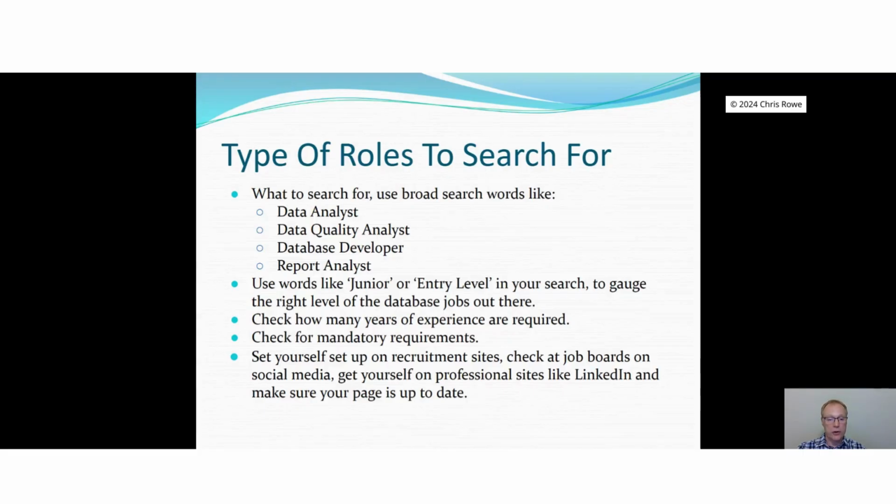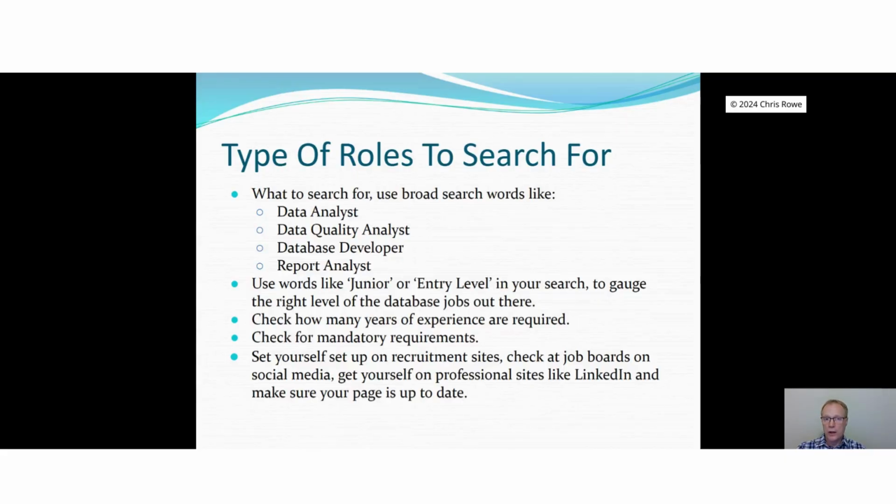Mandatory requirements could say things like SQL knowledge, basic understanding of SQL and Transact SQL, SQL programming, and you can sort of wing that with what you've covered on this course. So check those mandatory requirements, and if you clearly don't fill any of those, then make sure you pass that one up and move on to the next job that appears.